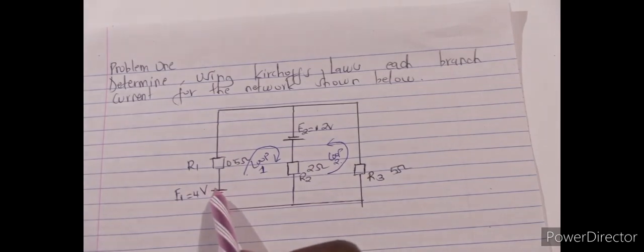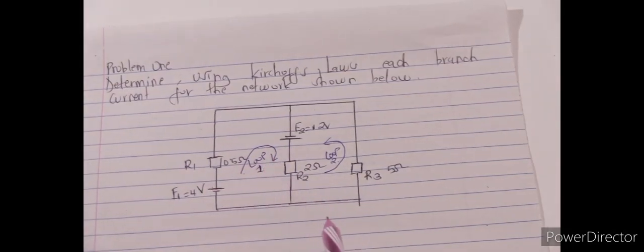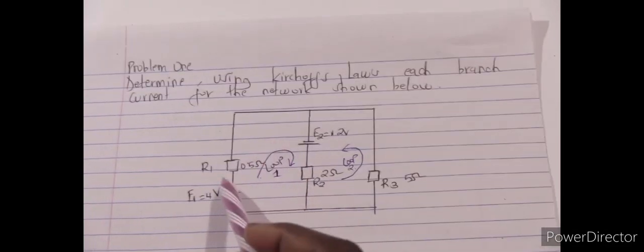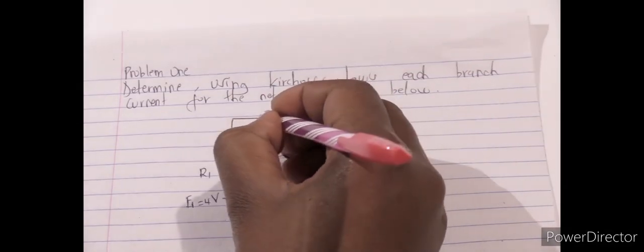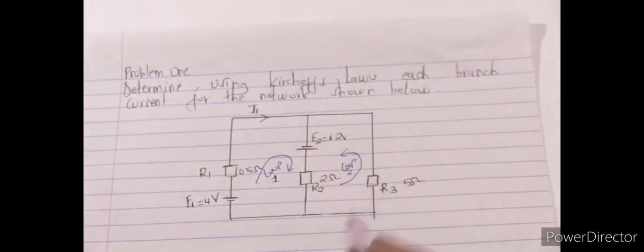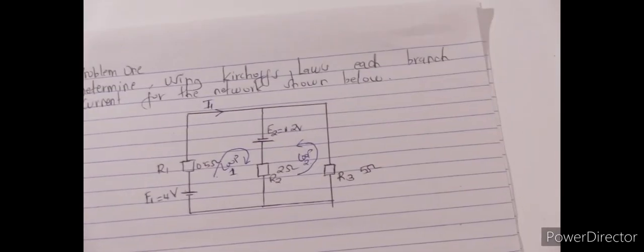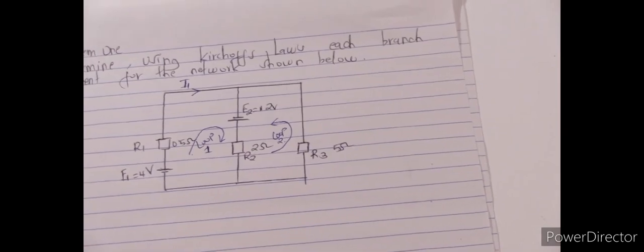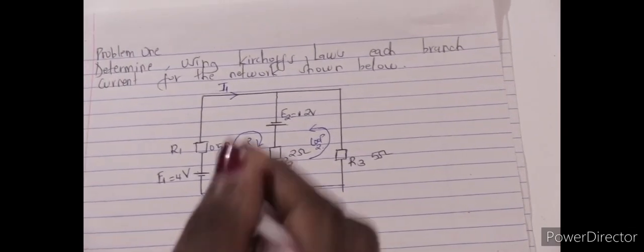The next step is to put in our currents. Basing on this source and the direction of loop 1, we are going to have our current flowing in a clockwise direction. Because it is found in loop 1, let us name it I1. Now, using Kirchhoff's first law, current entering a junction is equal to current leaving the junction.